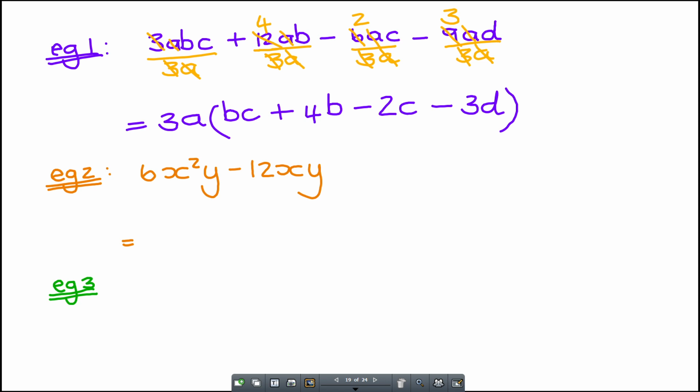It can be one thing or 2 things or 3 things, but it must be the same. It must be in every single term. Even if it's just in 3 out of the 4, it's not common because that 4th one doesn't have it. So everyone must have it.